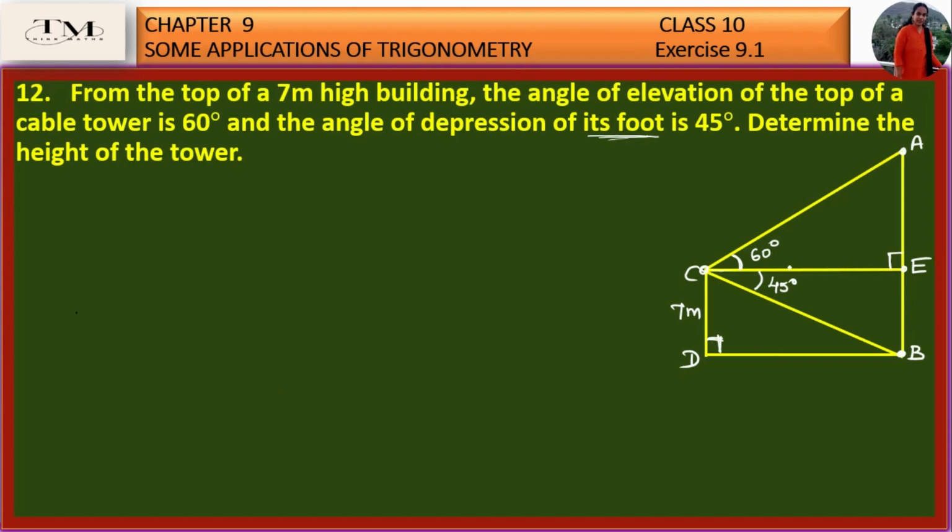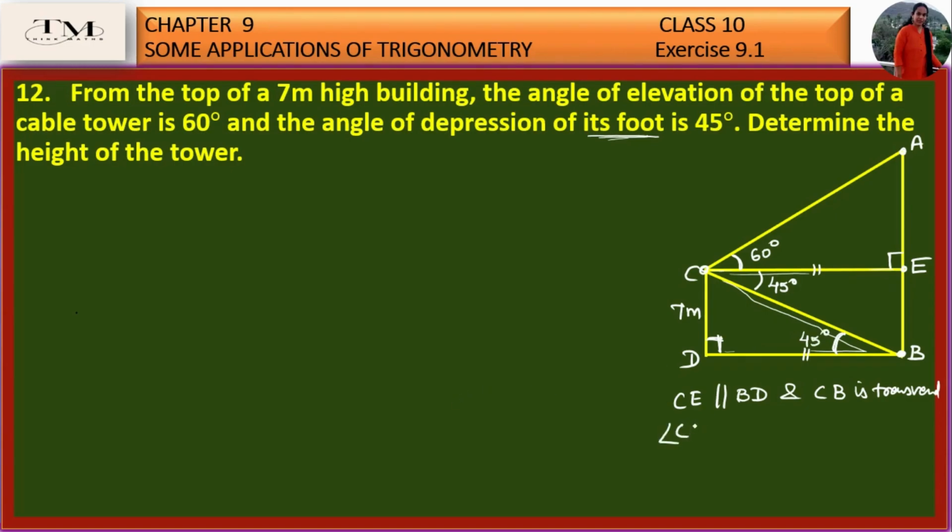Okay, so what happens? These two lines we made it as parallel. Just we have drawn the parallel lines. If this is a parallel line and CB will be the transversal. So we have CE parallel to BD and CB is transversal. If it is so, we know that alternate interior angles are equal. So this angle ECB will be equal to BCD. So it will be 45 degree.